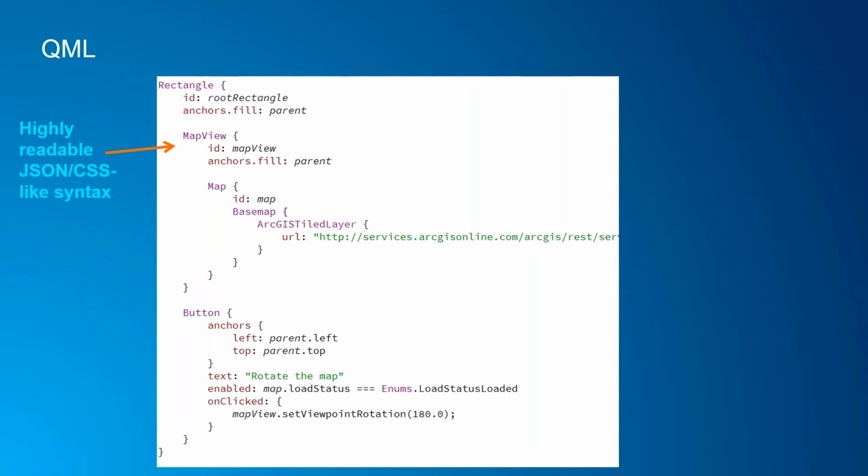So it's highly readable as JSON. It also provides a widget toolkit with many different types of UI elements, such as buttons and text boxes, scroll bars, and all of the things that you would expect in a user interface toolkit.